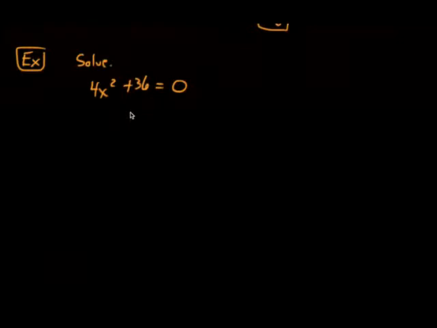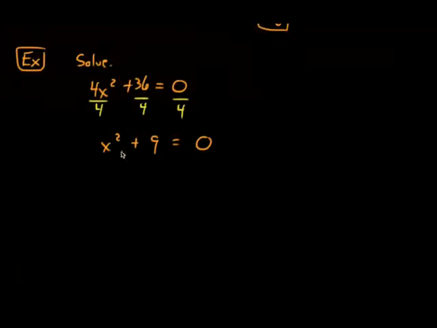Maybe you would even realize that you could divide everybody by 4, and I'd have x squared plus 9 equals 0. Then you'd try to factor x squared plus 9, and you might remember that there's no such thing as the sum of two squares pattern. No such thing. DNE, does not exist.